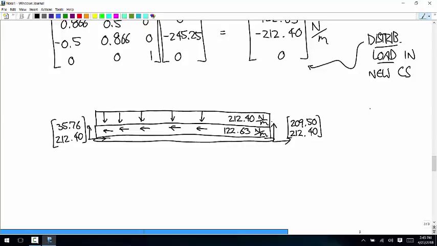And now we're ready to do the internal loads. How many cuts do we have to make? Just one, anywhere between the endpoints, because those distributed load functions don't change anywhere. So cut 1 is valid for any x between 0 and 2.